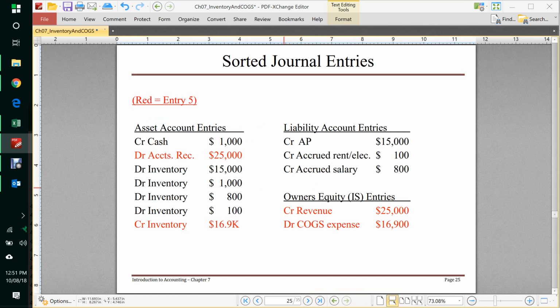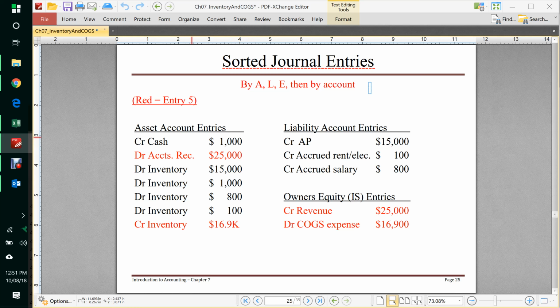Okay, so what I've done here just to help us out a little is I've just sorted all of our journal entries by ALE and then by account. Okay, so you don't, of course, need to do this.